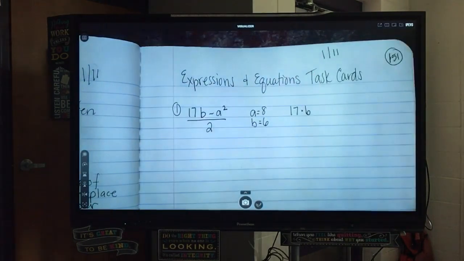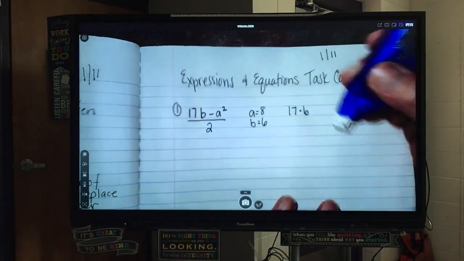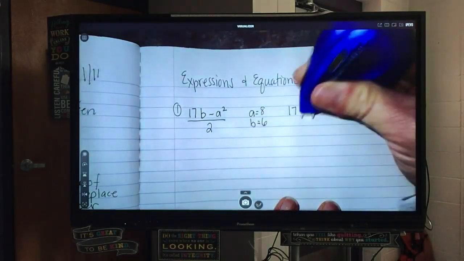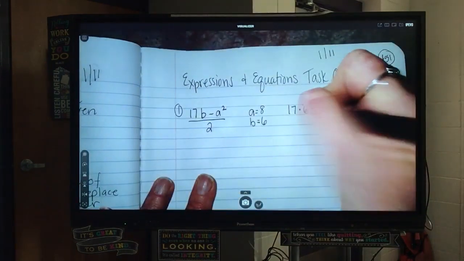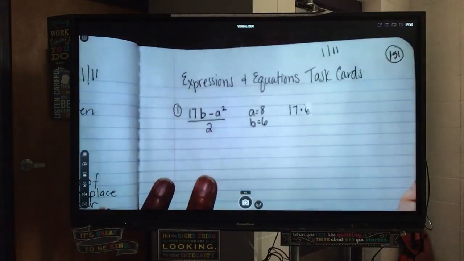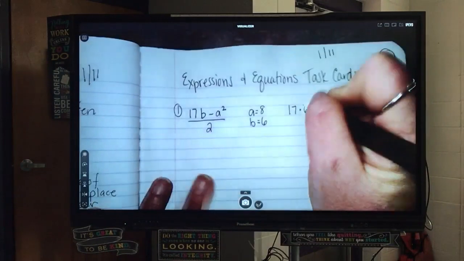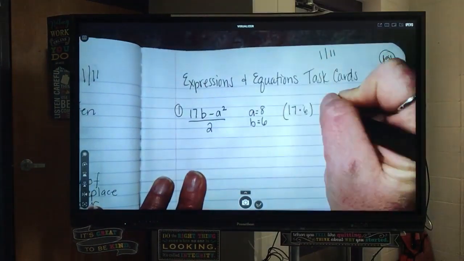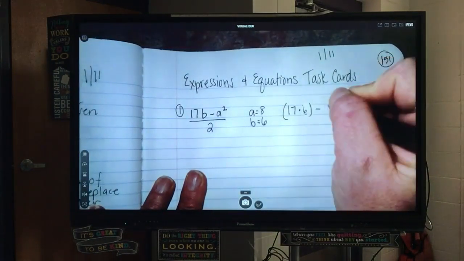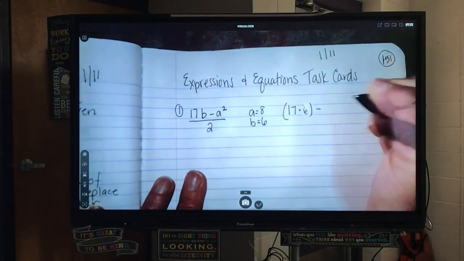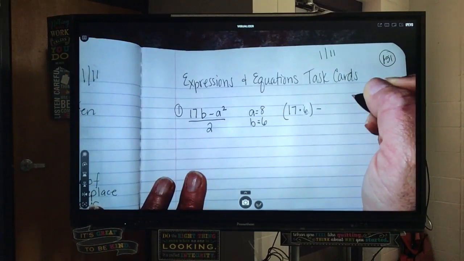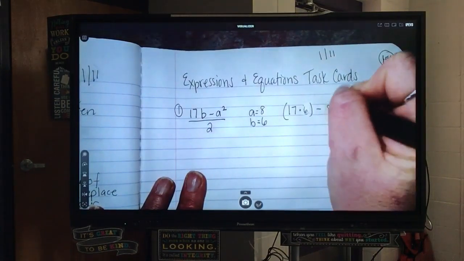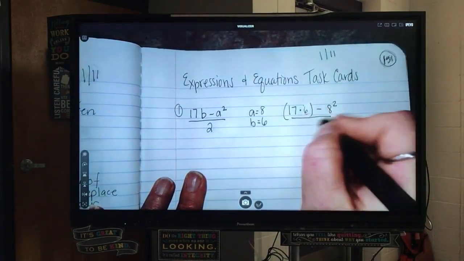Okay. Then minus a squared. Well, what is a squared? What does a equal? 8. So we could do 8 squared and then divide it by 2.